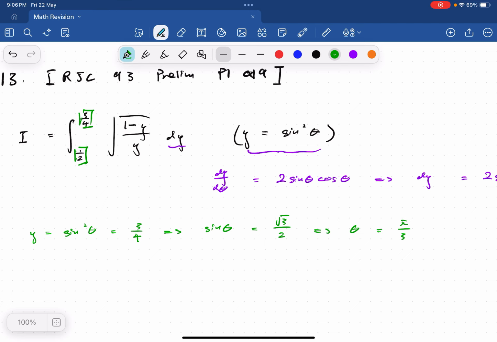So for the lower bound, if sine squared theta is equals to half now. Sine theta, I take the root of that, is going to be 1 over root 2. And therefore, theta, I take the basic angle, press your scientific calculator, is pi over 3. Now, your scientific calculator will give you a bunch of random gibberish irrational numbers.